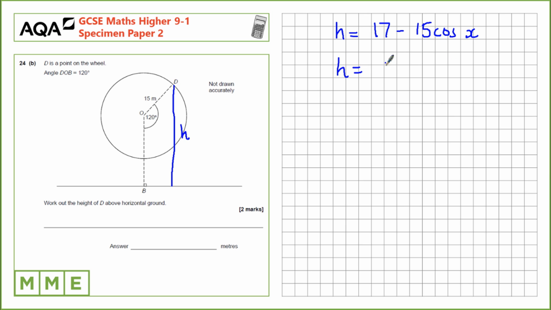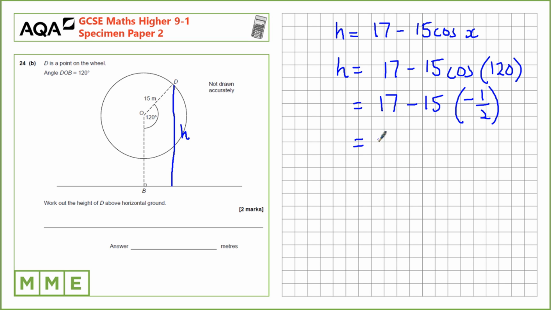So we'll say h is 17 minus 15 cos of 120, which is 17 minus 15 times minus a half, which equals 24.5 meters.